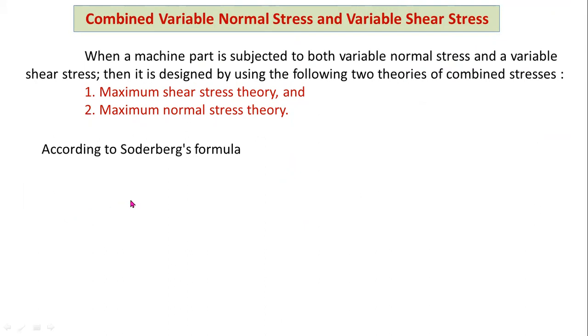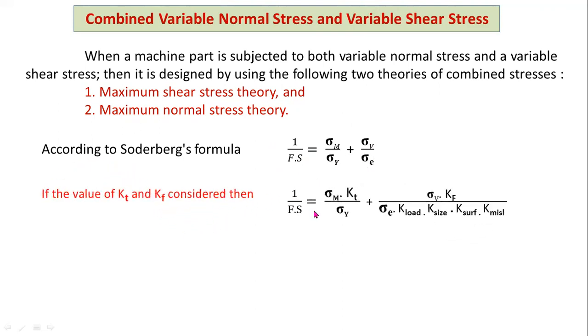According to the Soderberg formula, already we know this is the Soderberg equation: 1 by F equals sigma m by sigma y plus sigma v by sigma e. Now this is the other equation for KT and KF values.